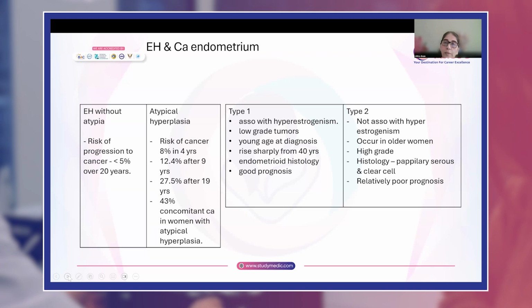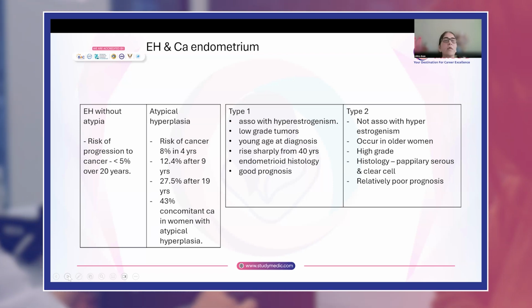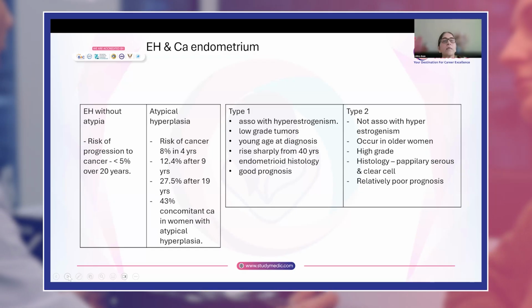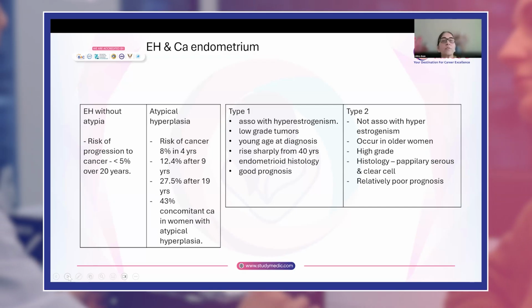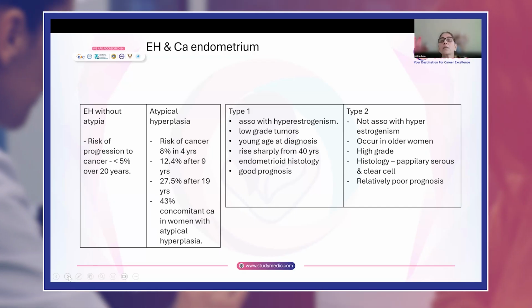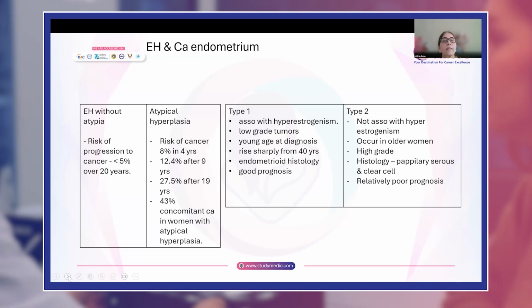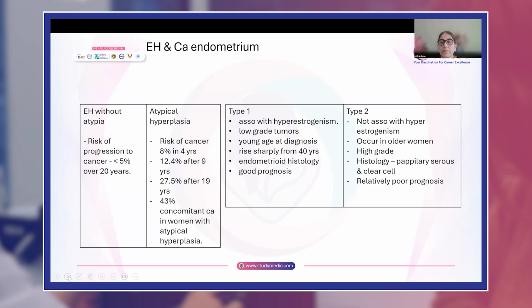Whereas those women who have atypical hyperplasia, for these women, if the hyperplasia is not treated, then the risk of that endometrial hyperplasia developing into invasive cancer is 8% in 4 years. It rises to 12.4% after 9 years, and it becomes 27.5% after 19 years.